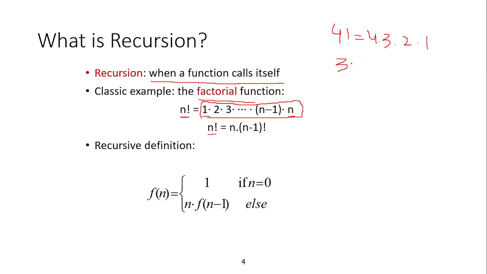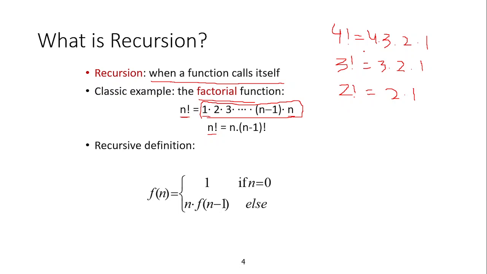If you apply this definition, 3 factorial is equal to 3 multiplied by 2 multiplied by 1. Similarly, what is 2 factorial? 2 factorial is equal to 2 multiplied by 1. And similarly, what is 1 factorial? It is 1. We can stop there maybe.